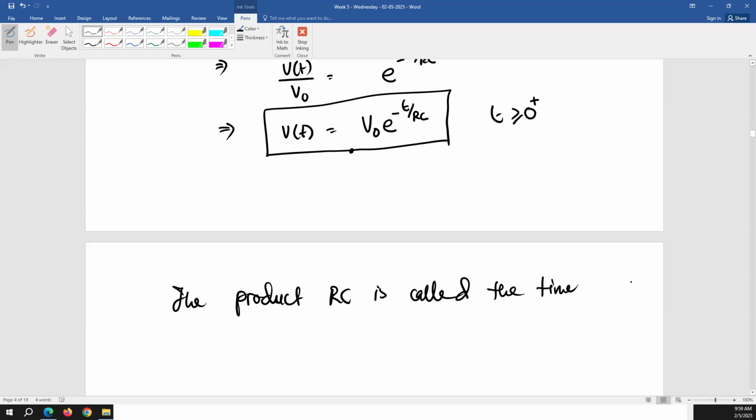You guys did that, right, in some class before? AC, at least AC. You guys have discussed that in AC. Maybe not 2035, or did you discuss? No, but people who took AC, they must have discussed this in AC circuits. It's called the time constant of the circuit and represented by generally the Greek letter tau.